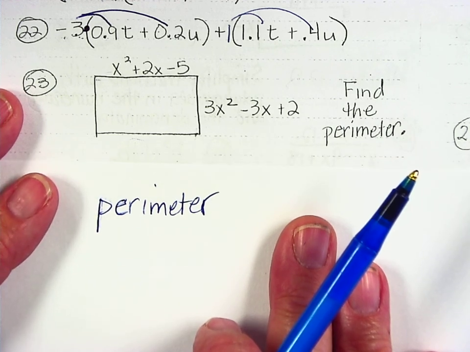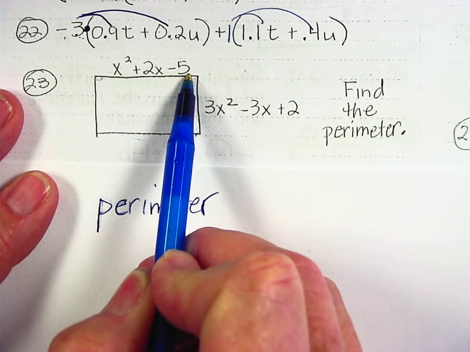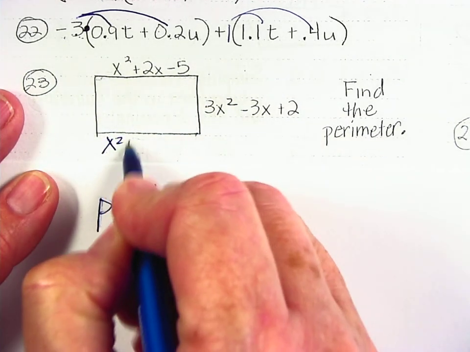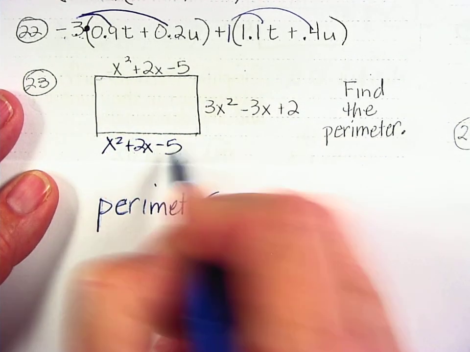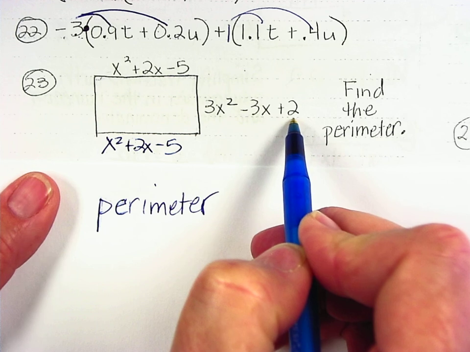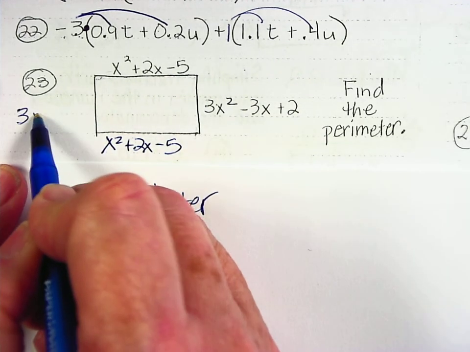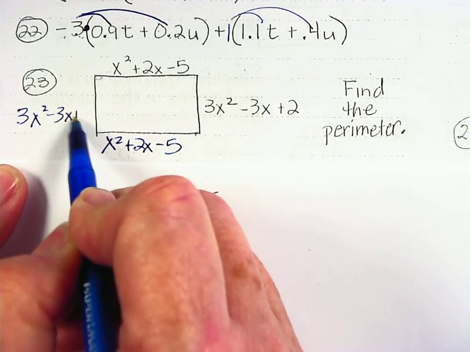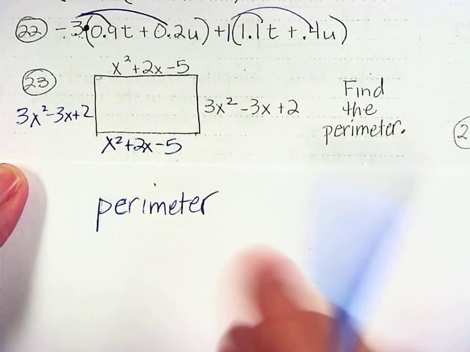Actually, I do. Because if this is x squared plus 2x minus 5, so is this. And if this is 3x squared minus 3x plus 2, so is this. So I have the lengths of all four sides.